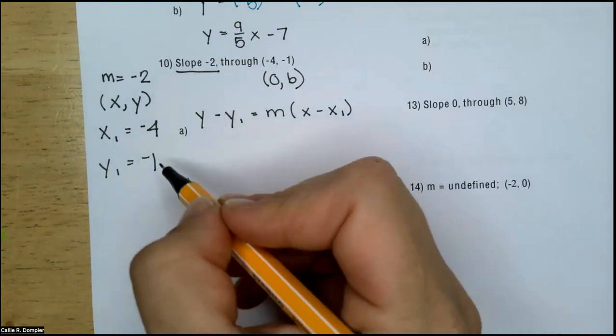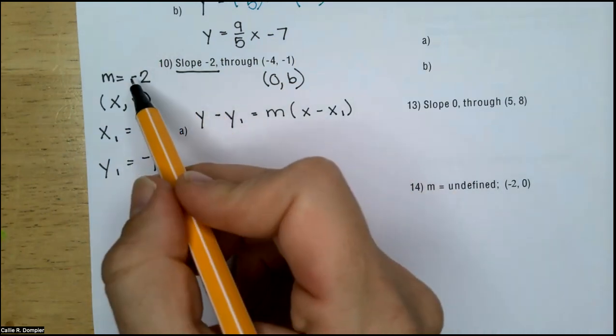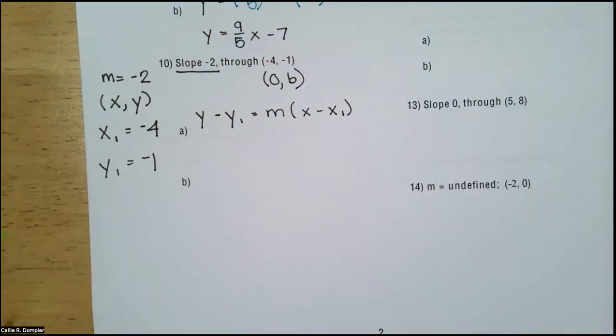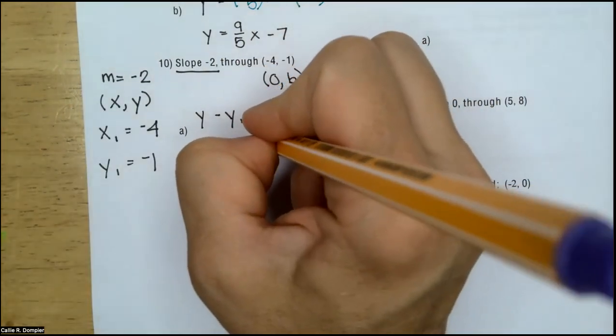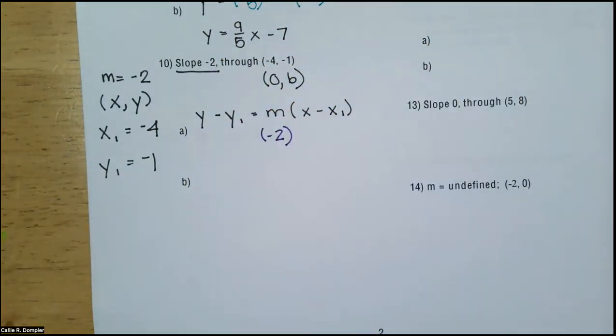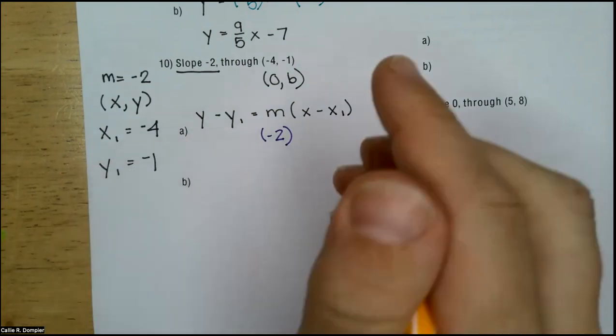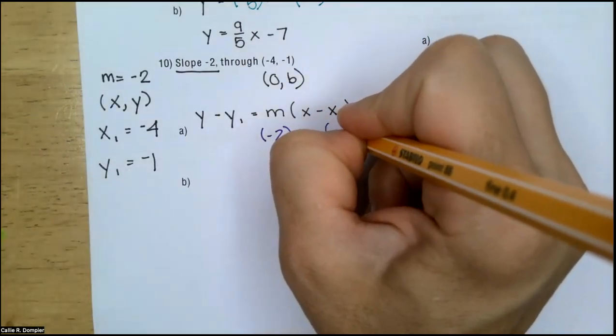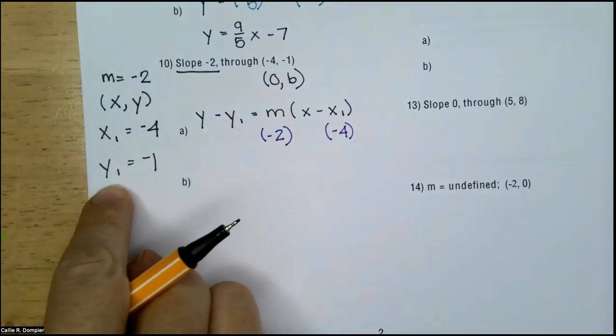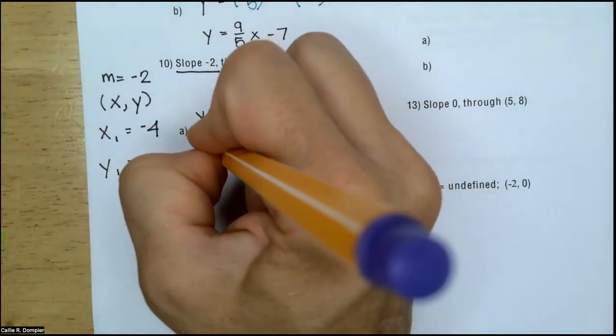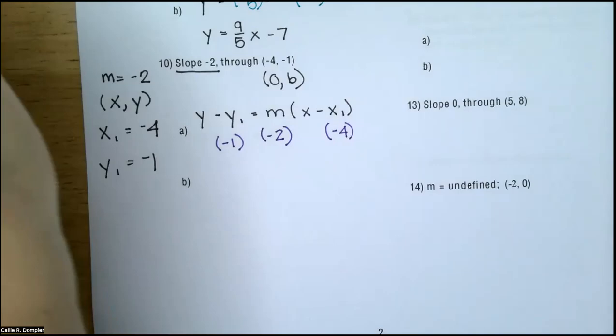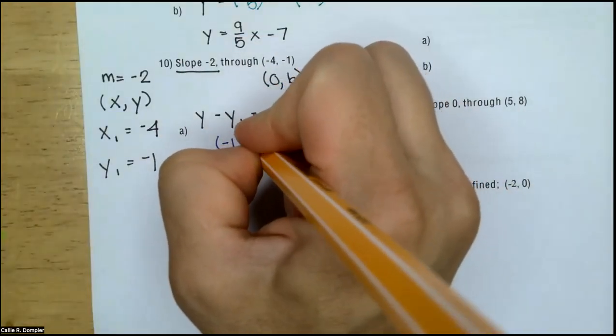Let's just substitute in the information we have. We have the slope is -2. We have x sub 1 is -4. And we have y sub 1 is -1. Everything else stays the same.